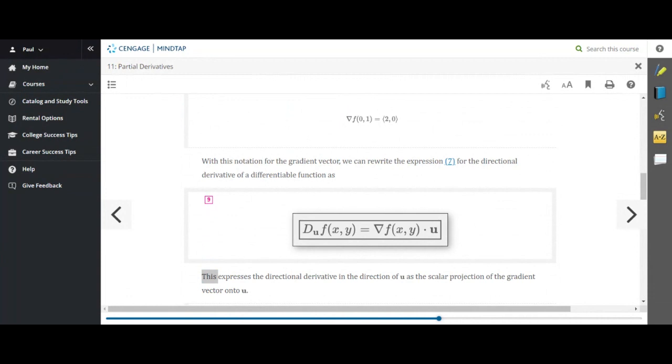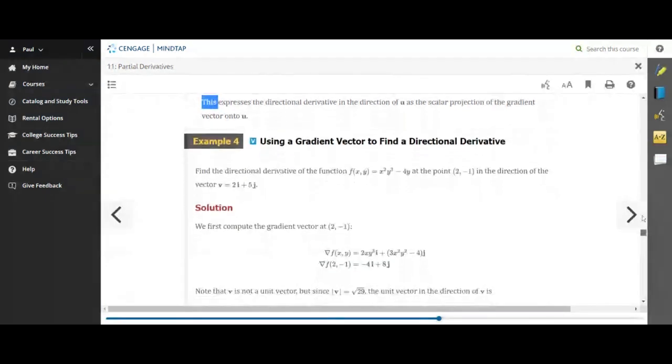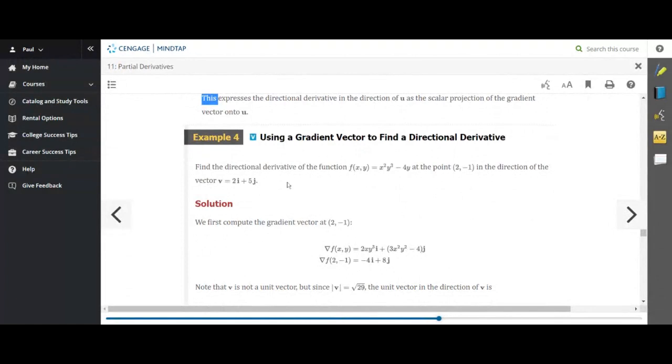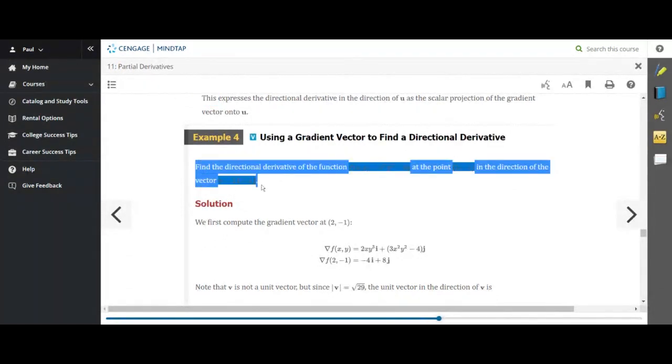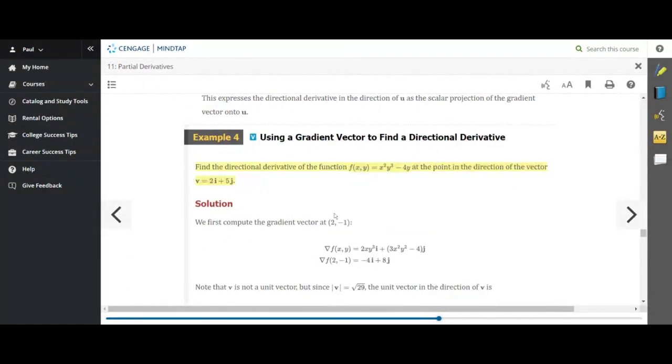So let's look at another example here. Let's look at example 4. In this example, they want you to find the directional derivative of a function at the point 2, -1 in the direction of this vector 2i plus 5j.